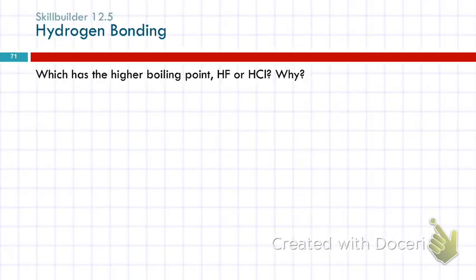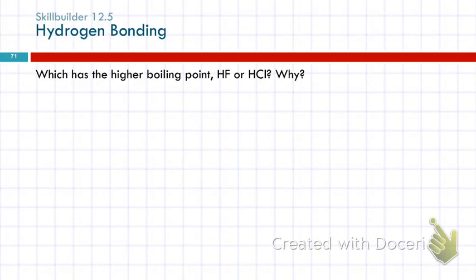Okay, so we should be able to look at a question like this, which has a higher boiling point, HF or HCl, and the dreaded question, why? So comparing boiling points or melting points, you want to look at what sorts of intermolecular forces do they have, what's the strongest one? So these both have dispersion forces.